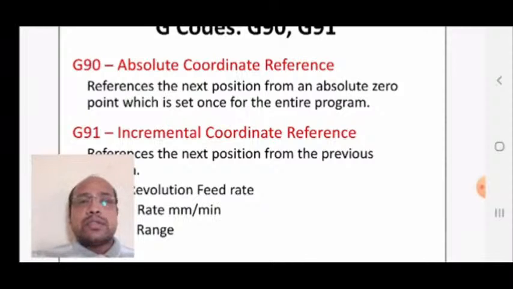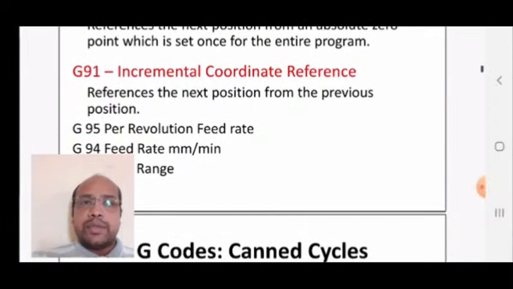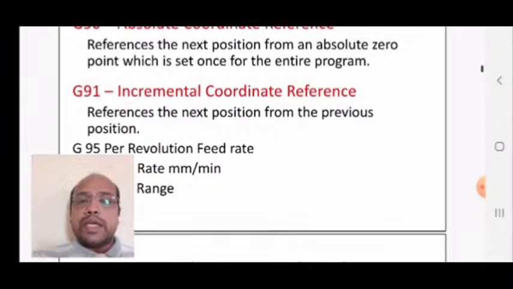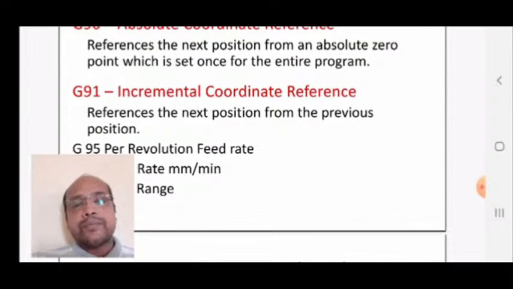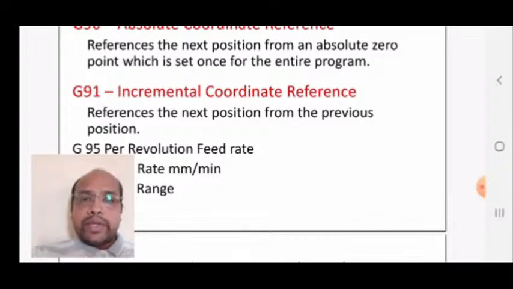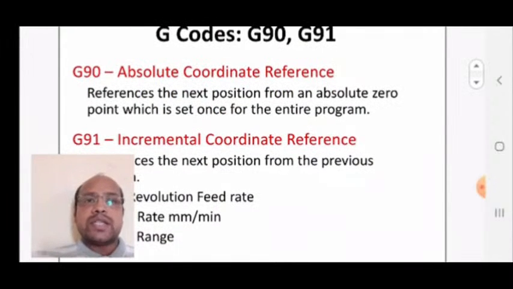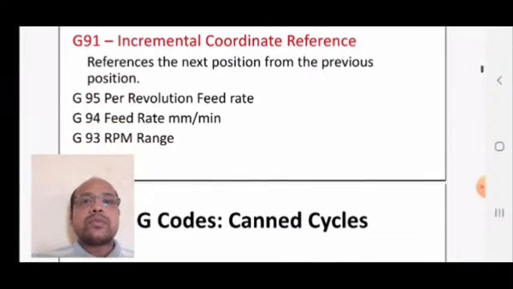In the incremental coordinate system, each coordinate is written by considering the previous point as the origin. Please understand this. Every now and then the origin is shifted to the next point, but in case of G90, the absolute coordinate reference, the origin remains the same till the end of the program.